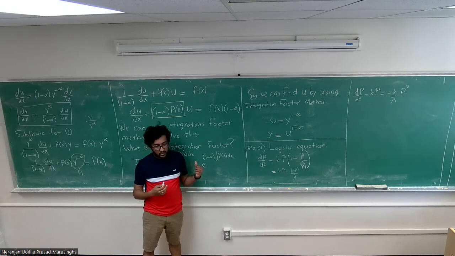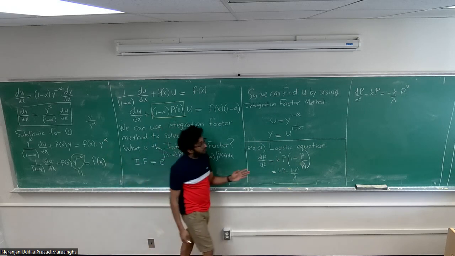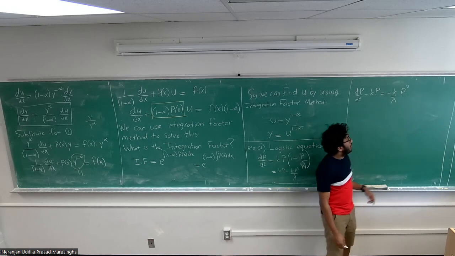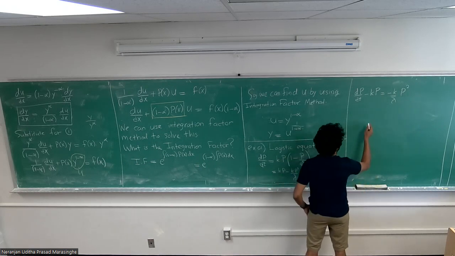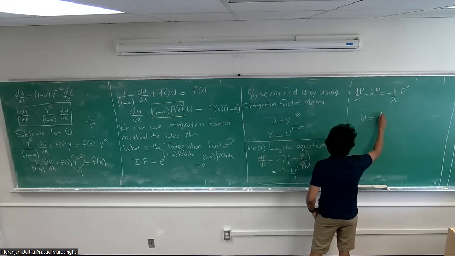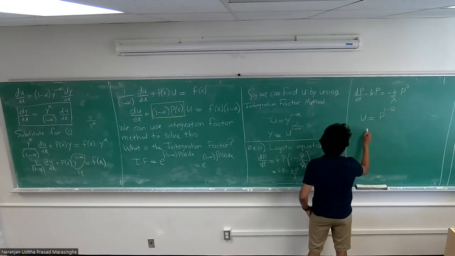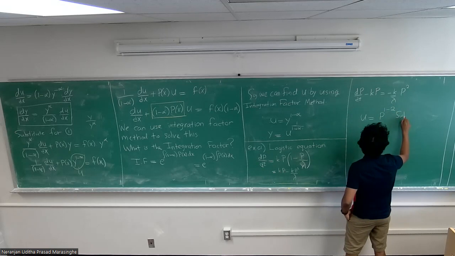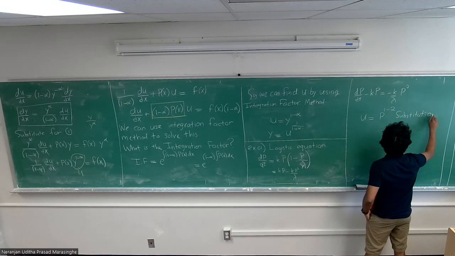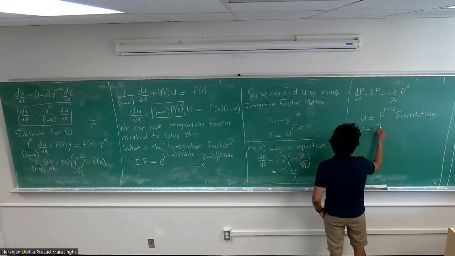In Bernoulli's equation, we saw that we had f(x) times y to the power alpha. Now instead of alpha, what would we have? 2, right? So what is our substitution? u is going to be, instead of y, P to the power 1 minus 2, that is u equals P to the power negative 1.